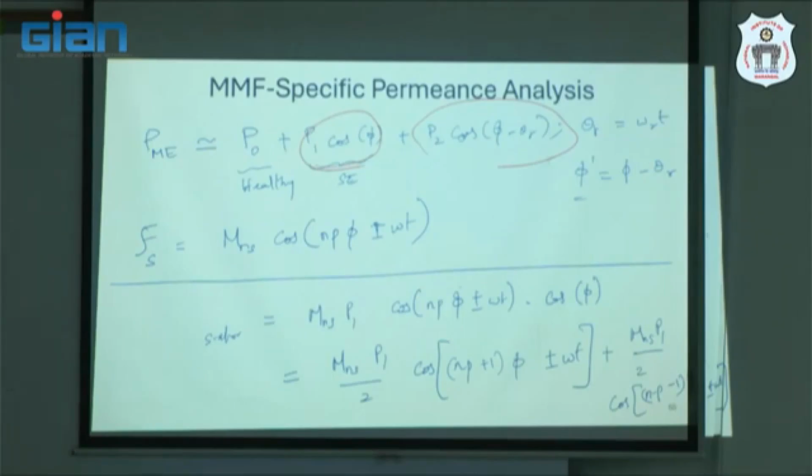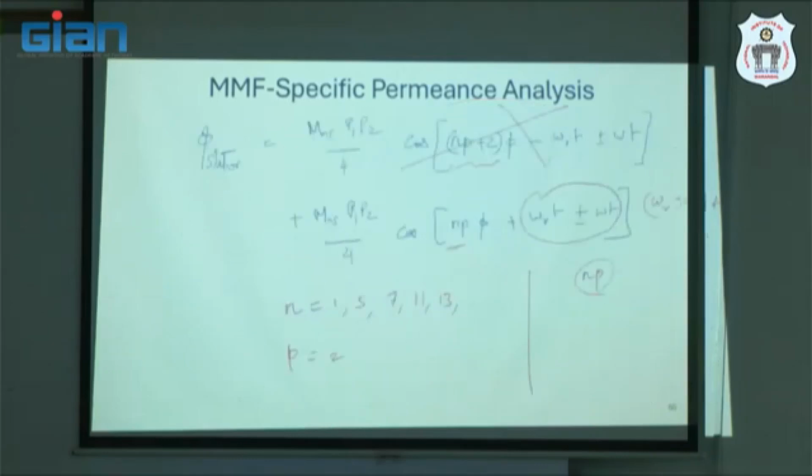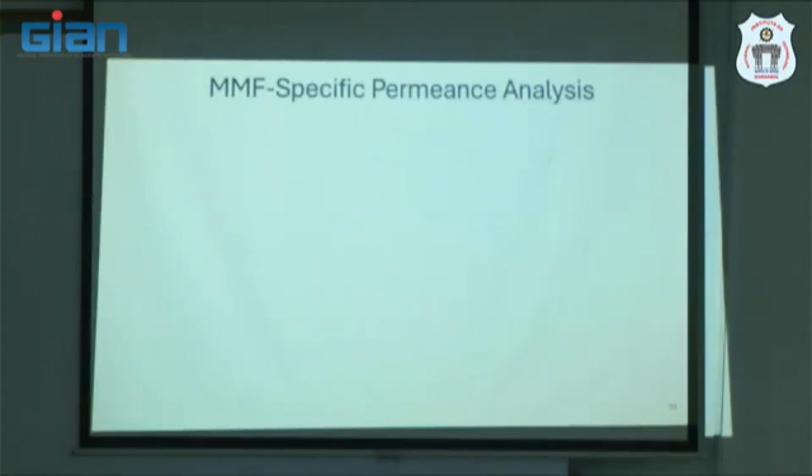If you use all of them, you can see the impact. Invariably, based on literature, we will have omega plus omega r and omega minus omega r, where omega is the supply frequency and omega r is the rotor frequency. We call these sideband components.